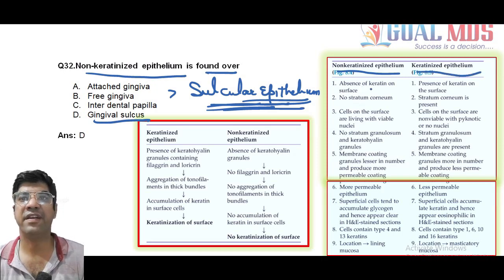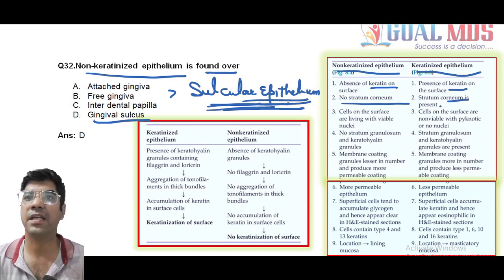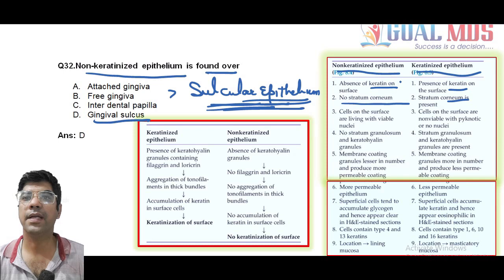A few differences between the non-keratinized and keratinized epithelium are: in a non-keratinized epithelium there is absence of keratin, while keratinized itself means presence of keratin. The non-keratinized has no stratum corneum, whereas in keratinized epithelium the stratum corneum is present.